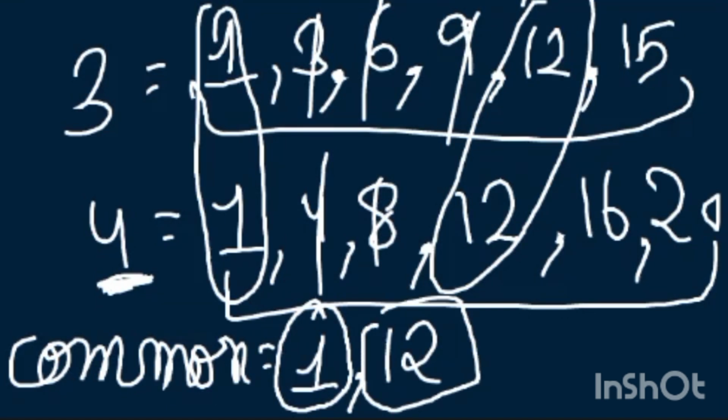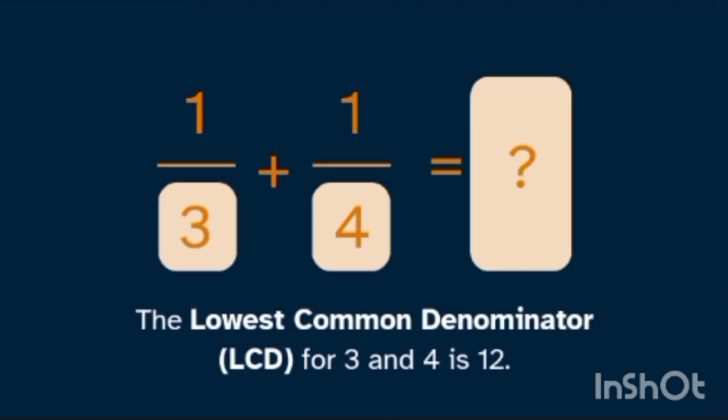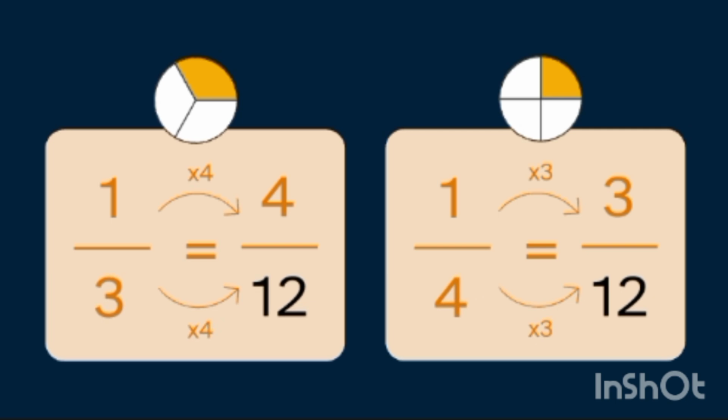It means 12 is the common denominator, the LCD, least common denominator. So in the answer there will be 12.